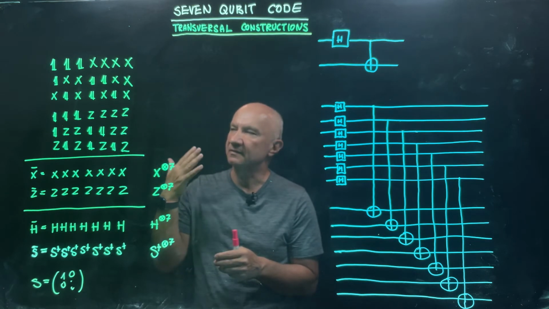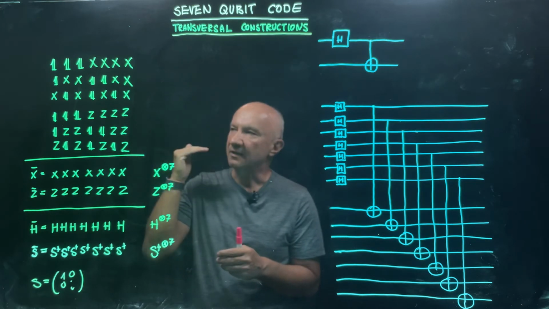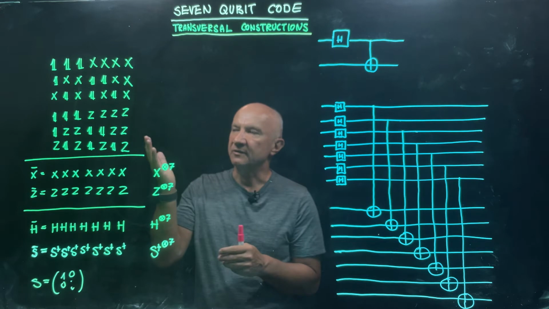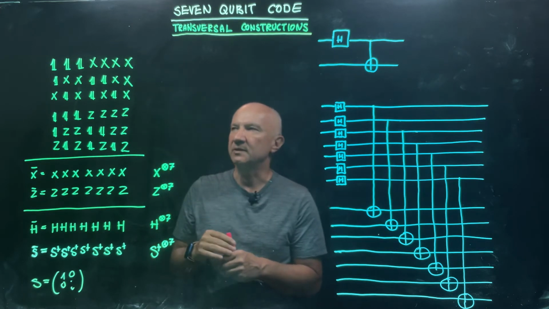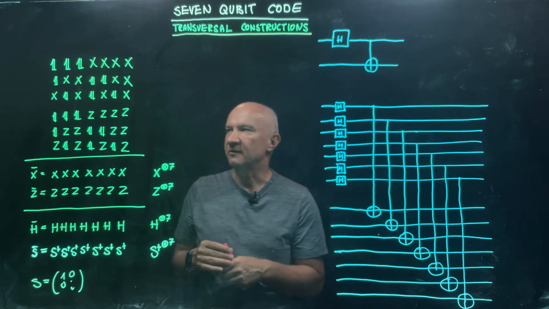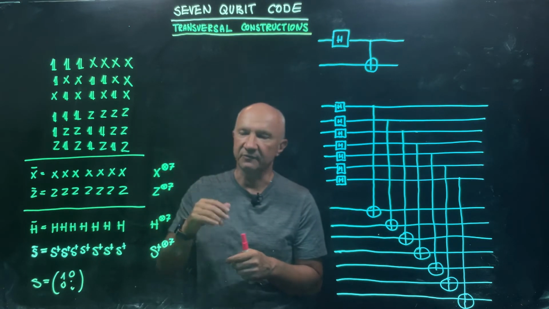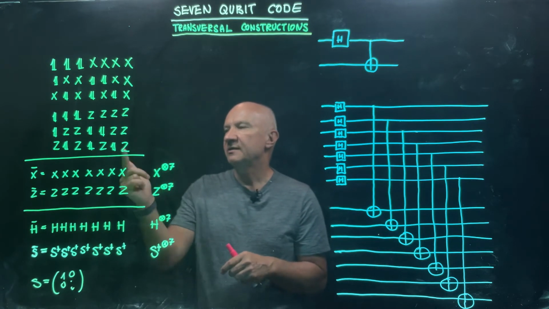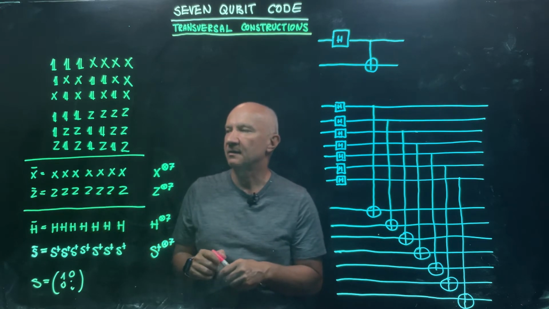So we say that this code allows us to encode 1 qubit into 7 qubits. So we have 1 logical qubit, which is represented by 7 physical qubits, and that can correct for a single qubit error on any of those qubits, of course. Now then you look at the normalizer.